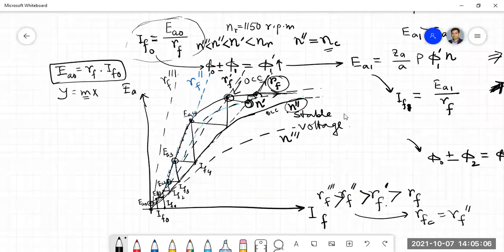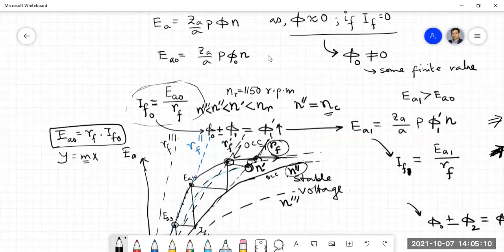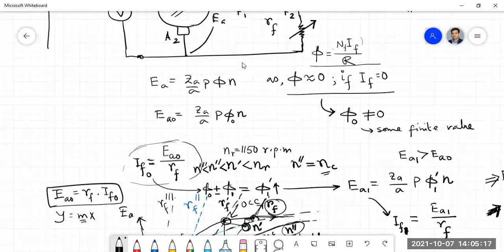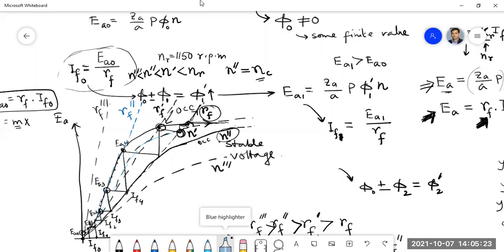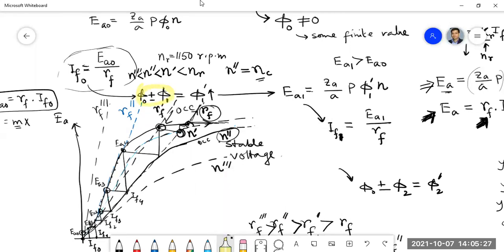Now another thing I already told you at the beginning itself, when the first flux, where I mentioned, so look at this point.